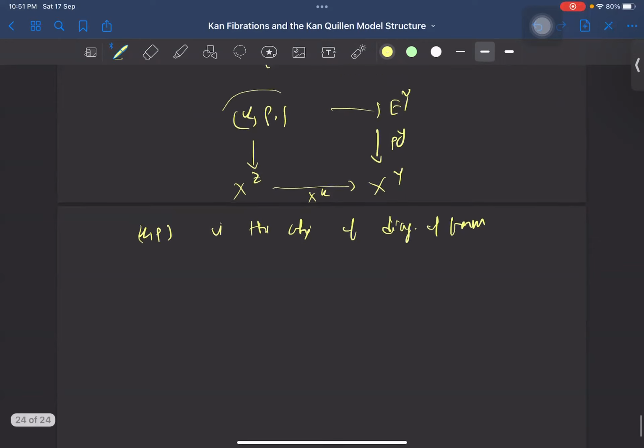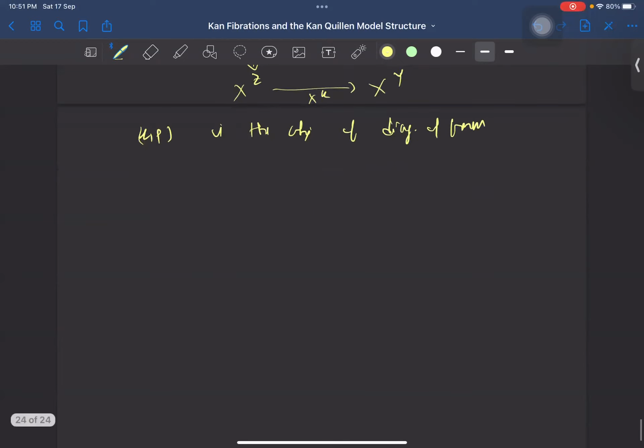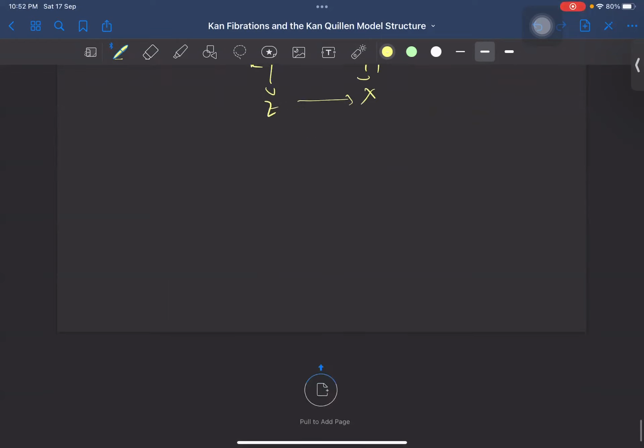So it is just an object of diagrams of this form. Now, the following commutative diagram.